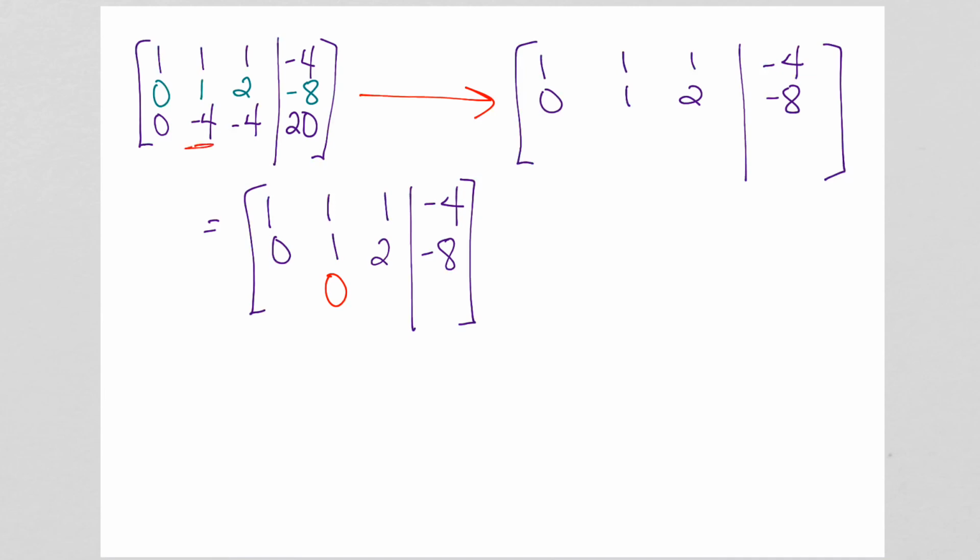And how are we going to change this -4 to a 0? -4 plus 4 is 0. So multiply row 2. We could do row 1 since that's a 1 up there this time, but that's just coincidence. So multiply row 2 for consistency by 4. So row 3 is going to be 4 times row 2 plus row 3.